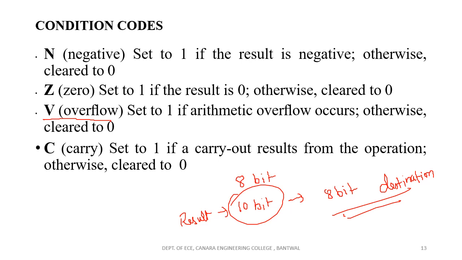Similarly, consider a carry from the MSB. For example, if you have an 8-bit result and an 8-bit destination register, and there is a carry from the most significant bit. Let us assume this is the 7th bit, starting from 0, total 8 bits.